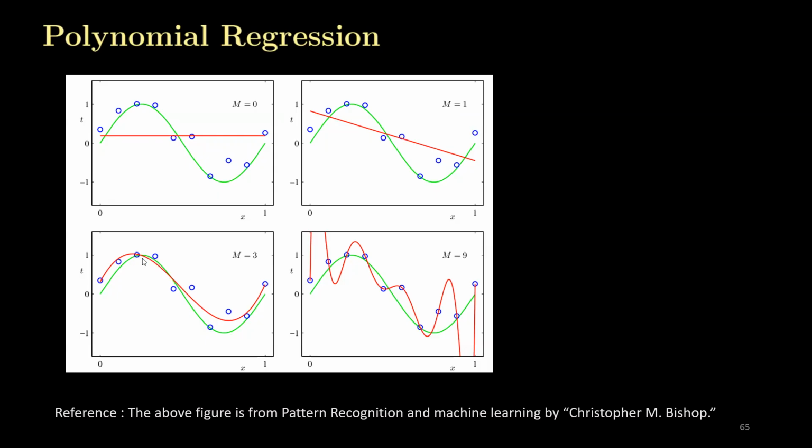So here the red line shows the polynomial of 3 degree. Here we have the polynomial of 9th degree. So what is the difference here? We can see that in red color, this polynomial regression of 9th degree is trying very hard to touch every point.